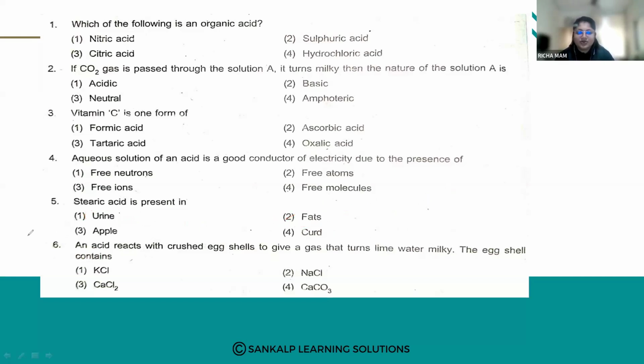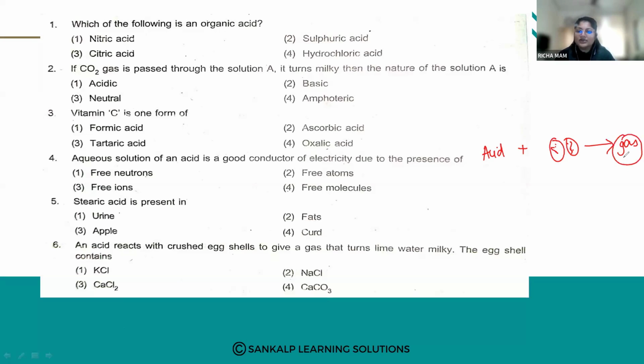Okay, let us go for the next one. An acid reacts with crushed eggshells to give a gas that turns lime water milky. Suppose I take an acid and react it with crushed eggshells. It will give a gas.